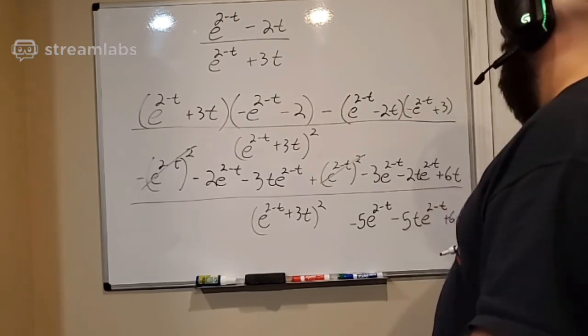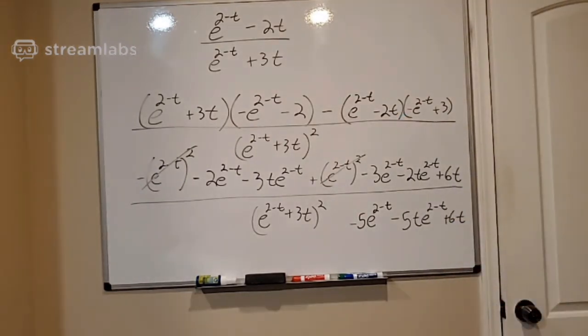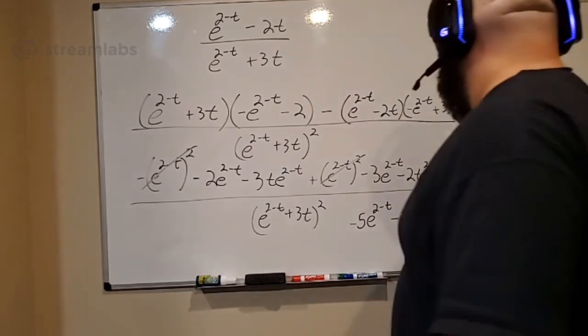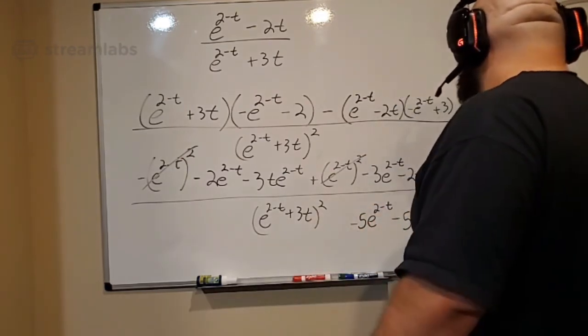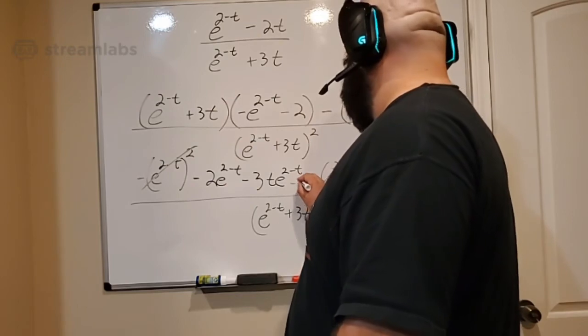Unless I did something wrong. Oh, the t should have canceled. Did I miss something on the first part? Oh, I did. I didn't even do that last distribution. I just moved ahead. Minus 6t, so they cancel as well. All over the bottom. I'm not going to rewrite that.